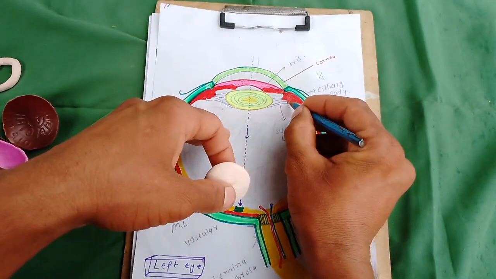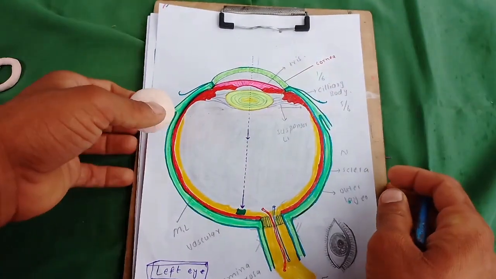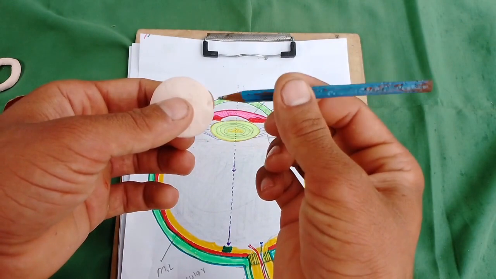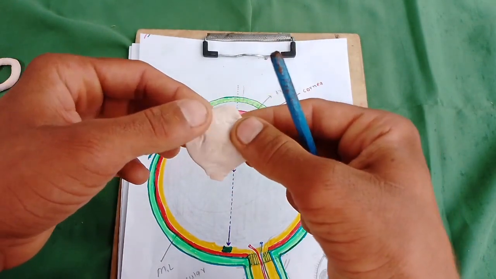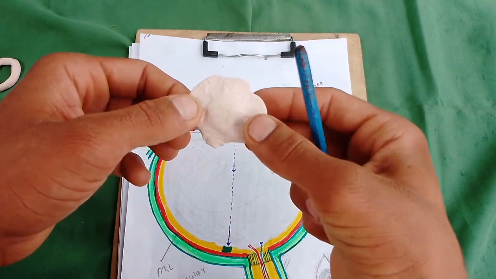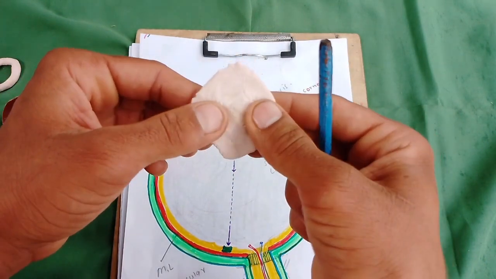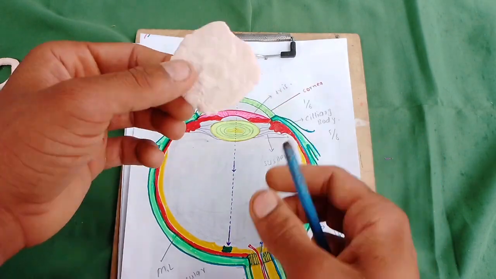When this muscle contracts, it pulls the suspensory ligament. When it is pulled by the suspensory ligament, it makes the lens less biconvex.